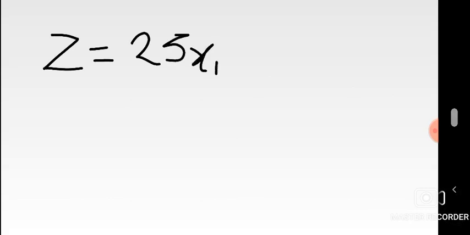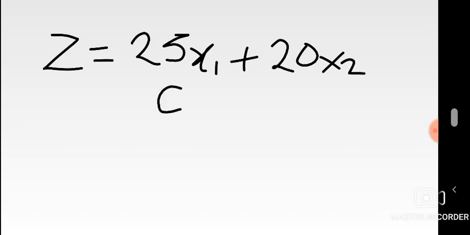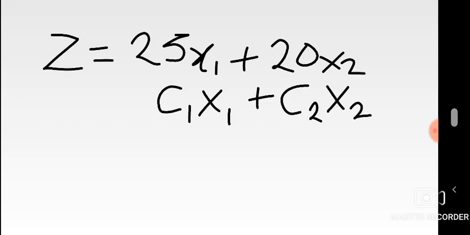Let me take you back to the objective function, the one we started with. Z is equal to 25x1 plus 20x2. This is the model that the objective follows, so we put here C1x1 plus C2x2.